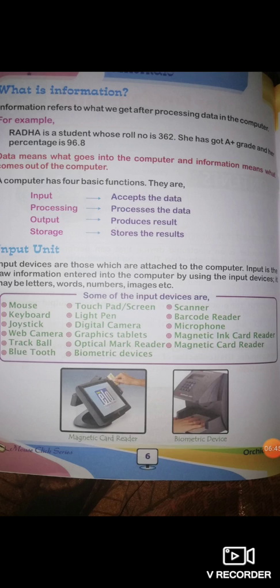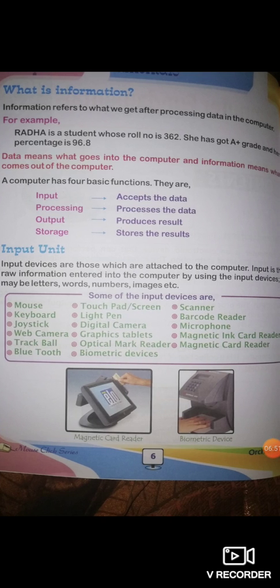So these are the detailed format for Radha, a student. Information refers to what we get after processing data in the computer. Once the raw facts get processed, it is called information.